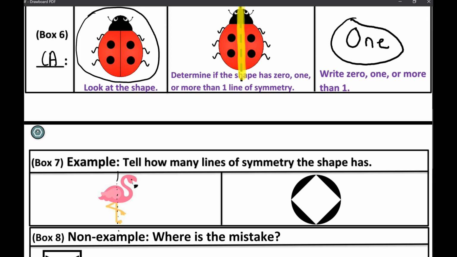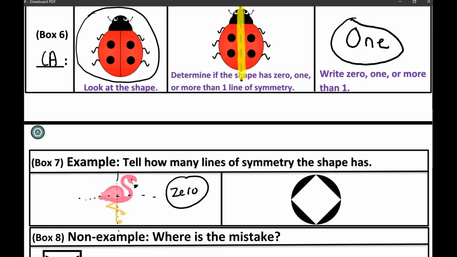If I were to try to draw a line going horizontally across it like that, again, it would not produce two equal parts. So because of this, and its odd shape, it has zero lines of symmetry. Going on to our next shape.